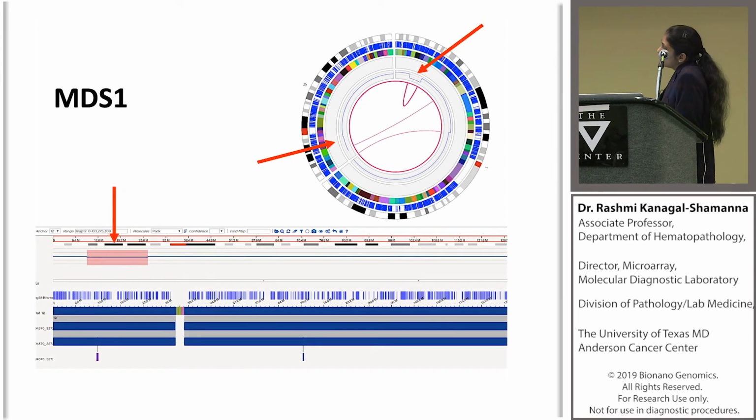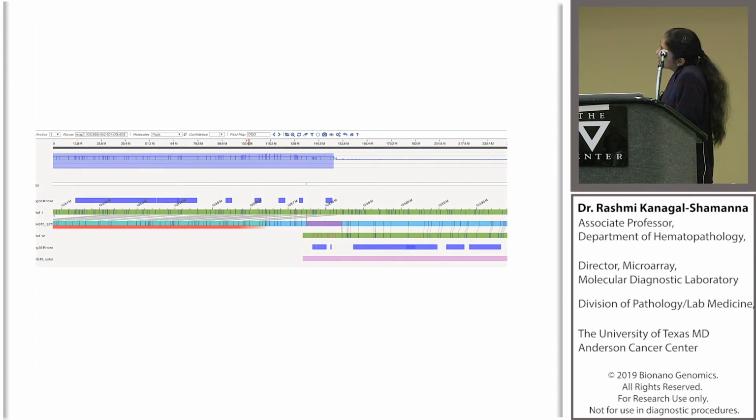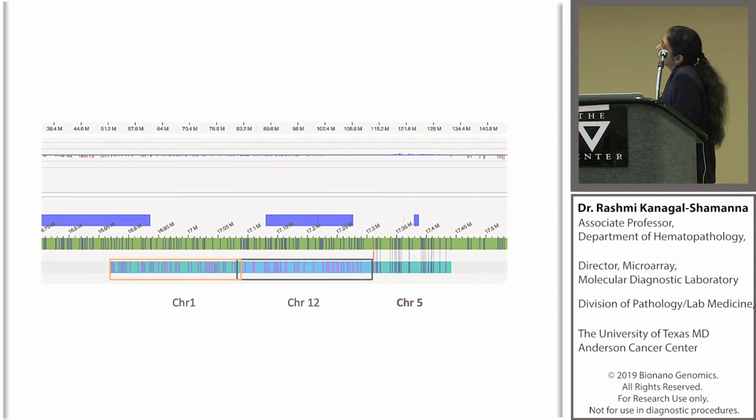Here in the copy number track of chromosome 12, that confirms the deletion. And if you look at the 2 fusions here on chromosome 12, zooming in, we see here the fusion transcript that's been generated. One fragment maps to chromosome 1, and the other fragment maps to chromosome 12. So there is a fusion of 1 and 12, but in addition, there is an additional fragment that's mapping to neither of those.